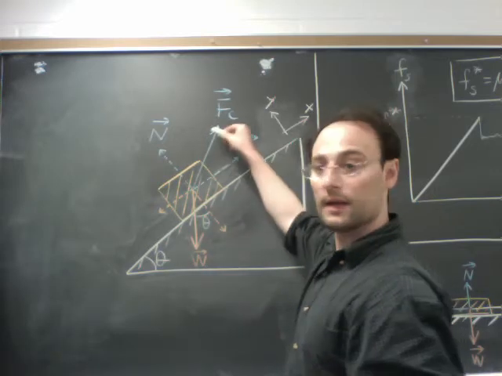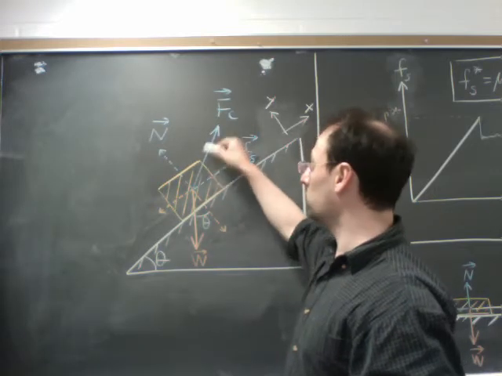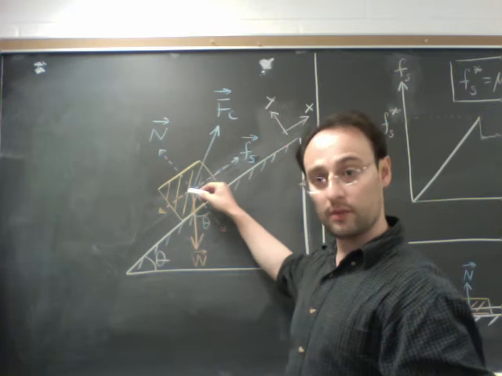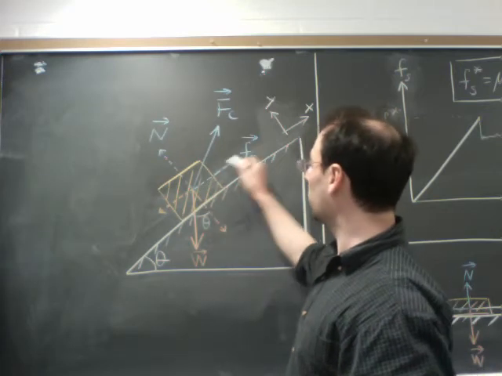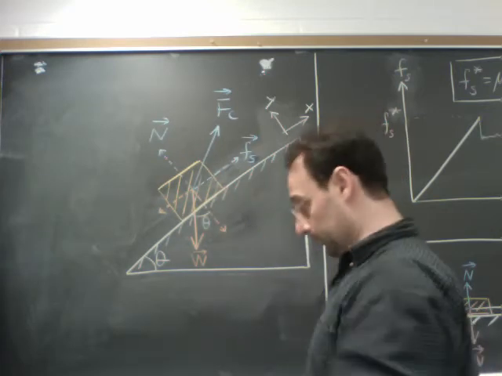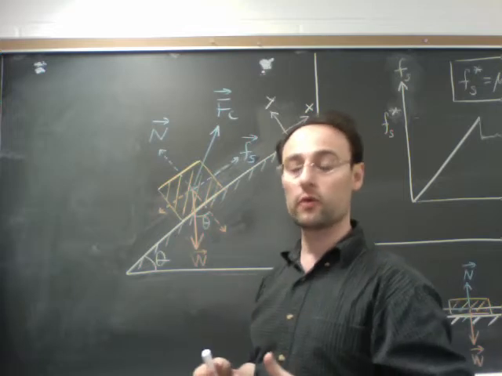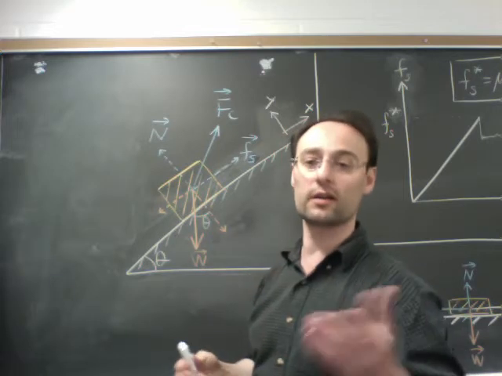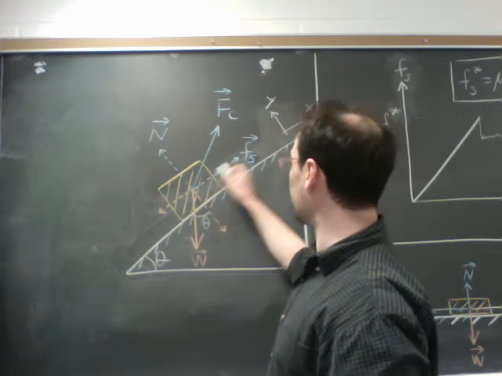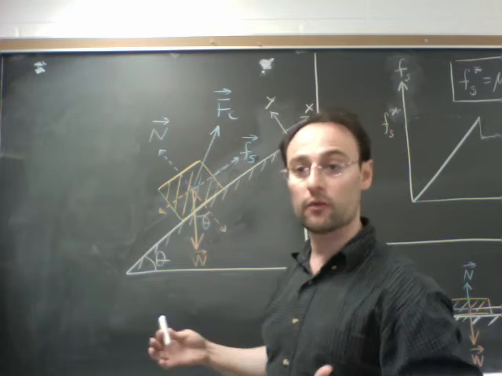We can resolve this contact force into two components, one perpendicular to the surface and another component parallel to the surface. This perpendicular component is called the normal force. Normal means perpendicular. And this parallel component is the friction force.